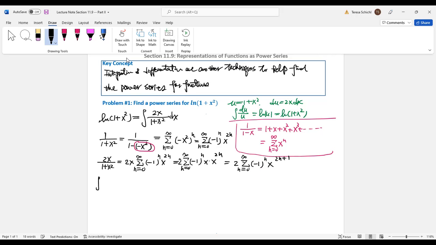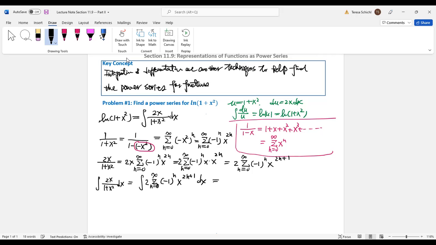So I'm integrating this 2x over 1 plus x squared dx. That means it's the same, like I'm integrating these ones here, right? So I'm integrating the summation n from 0 to infinity, negative 1 to the n, 2x to the 2n plus 1 dx.